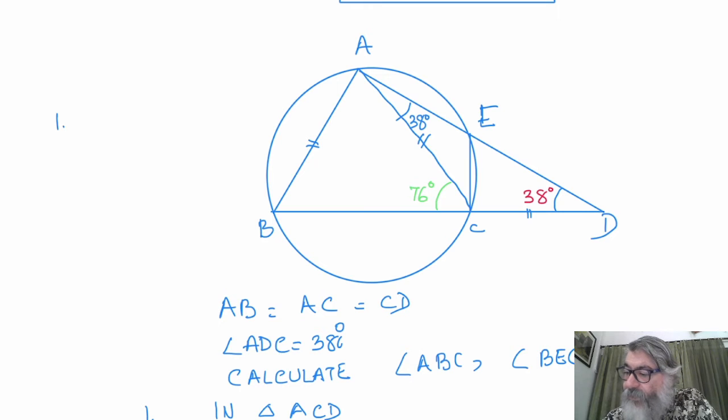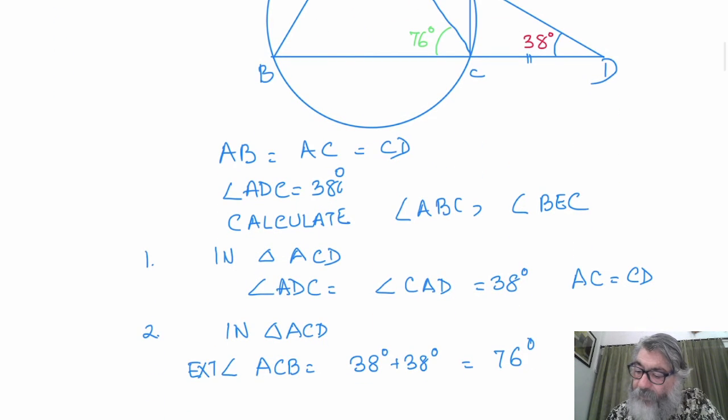So the next step is, in triangle ABC, angle ABC will be equal to angle ACB, equal to 76 degrees, because AB is equal to AC.